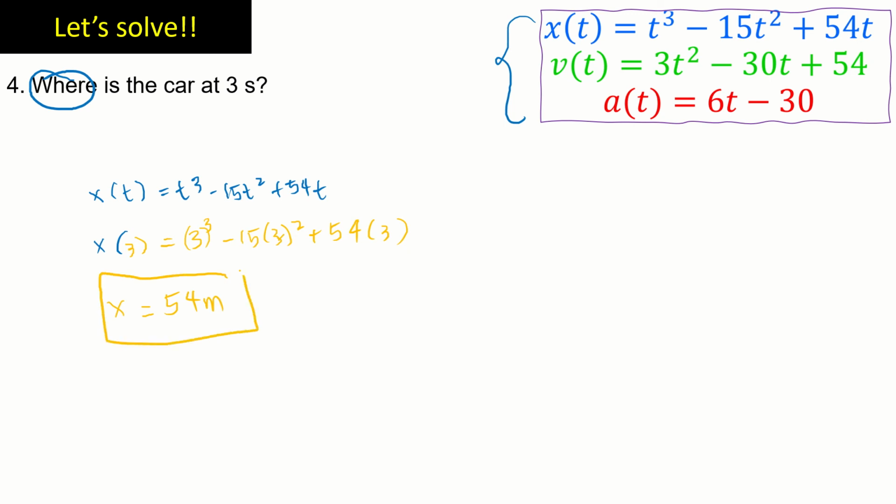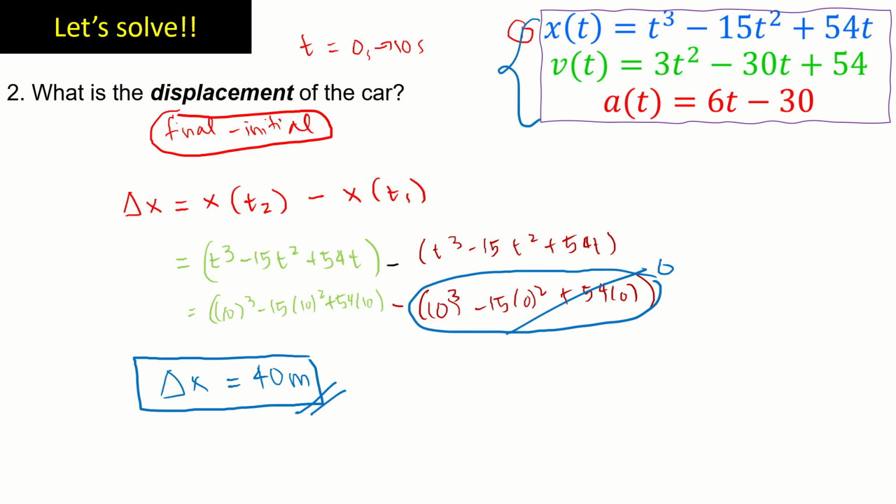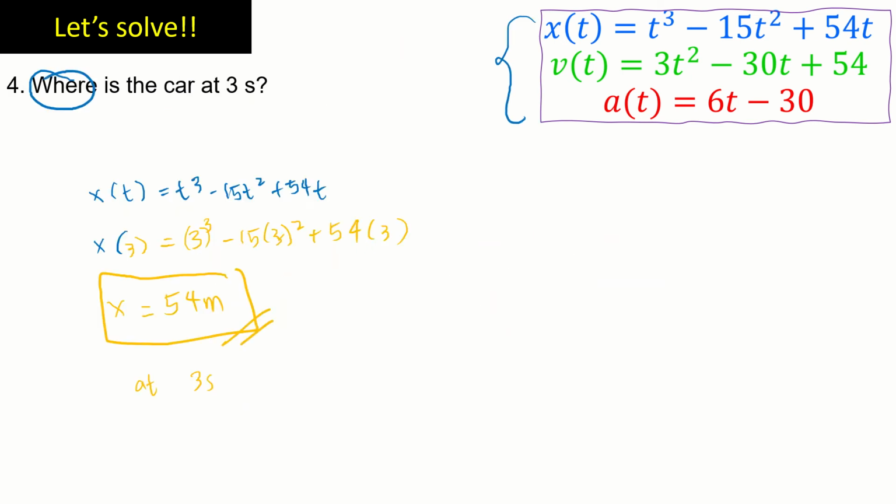So, double check using your calculators. So, this is where the car is at 3 seconds. At 3 seconds, the car is 54 meters away from its initial position. Okay, so very easy lang naman yung second and fourth problem.